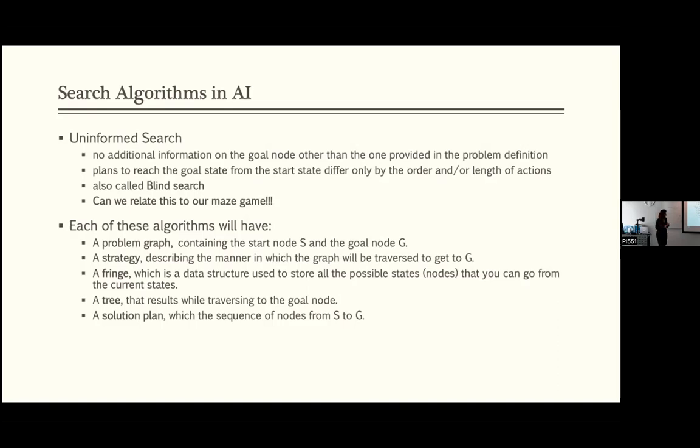Okay, perfect. And tree, whenever we are traversing the graph. So that would be a tree, and the solution plan would be the possible plans. We will use these terms going forward for the search algorithms.